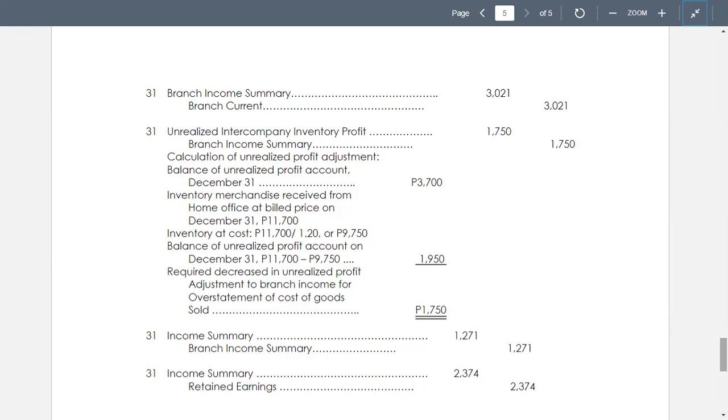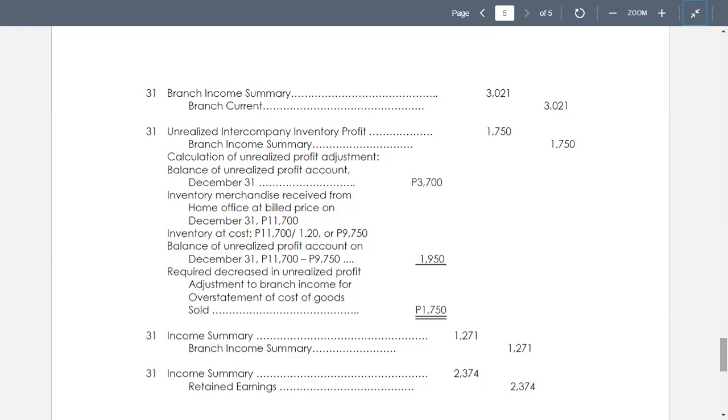The balance of unrealized profit account given in your trial balance on December 31. We are given unrealized intercompany profit in the books of the home office with an amount of 3,700. Then we have the inventory merchandise received from home office at billed price on December 31.